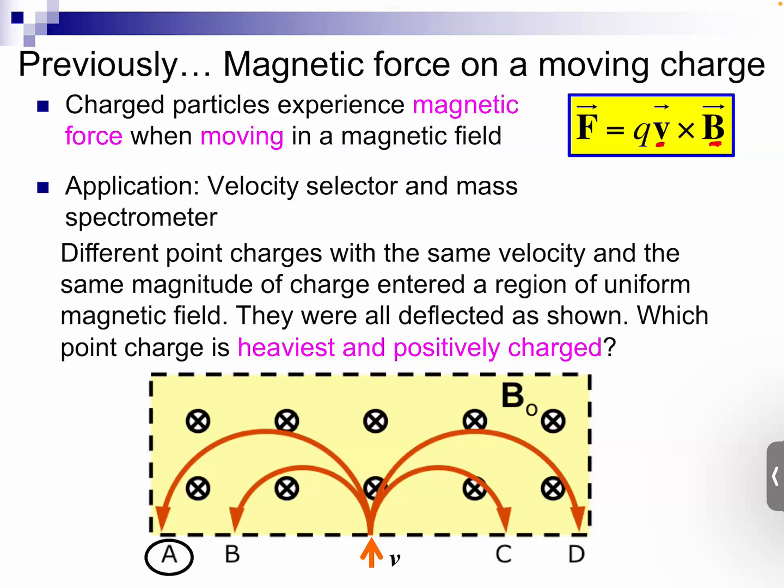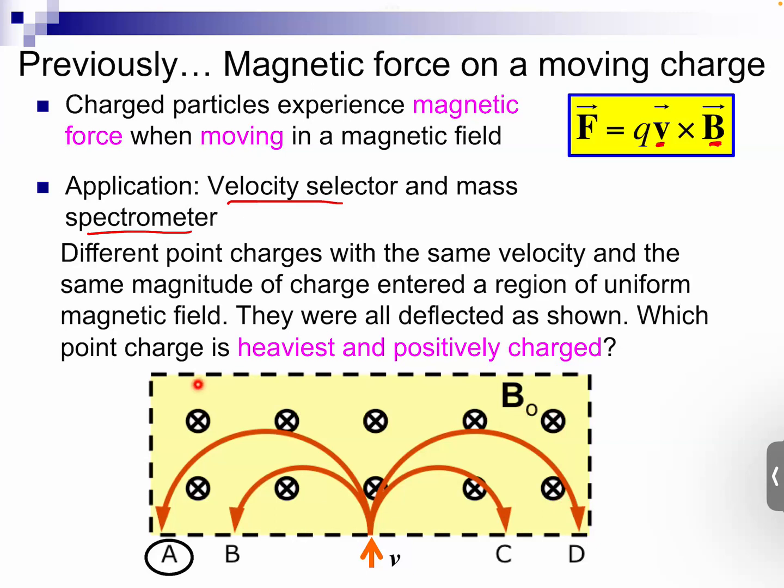And then we went on to learn about one of the applications of the force experienced by a moving charge, by looking at the velocity selector and mass spectrometer. We saw that if the charge moves in a uniform magnetic field region, like in this picture, we know the magnetic field is uniform because the field lines, represented by these X's showing that the field is into the page, are equally spaced.